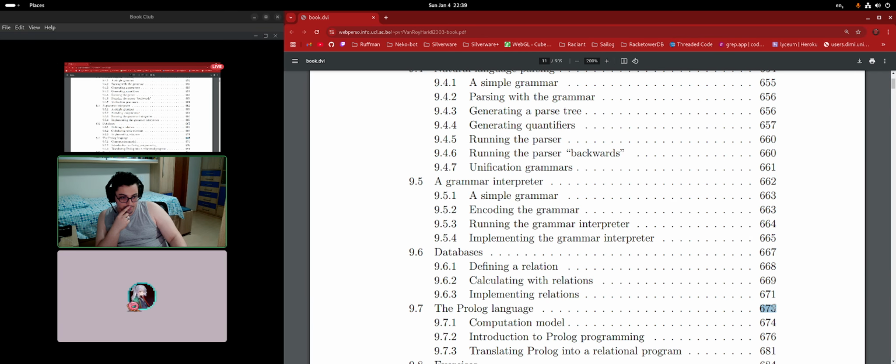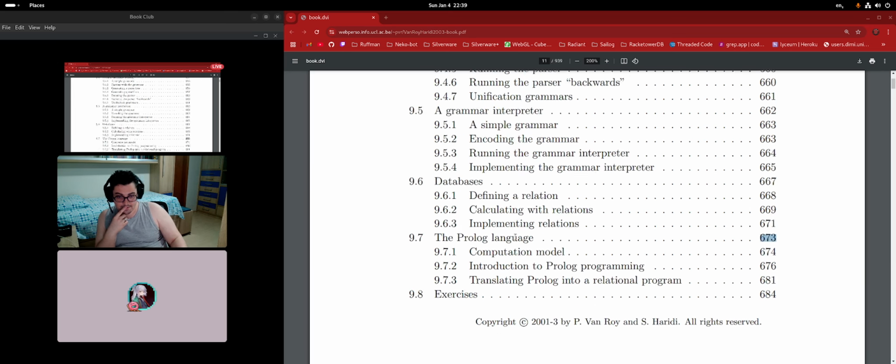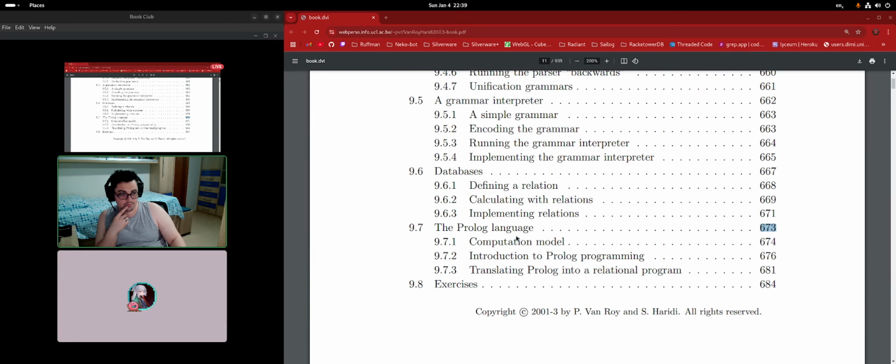And going directly to the Prolog language, it's 20 pages. Let's do 9.4, 5, and 6. 4, 5, and 6 sounds fair. Let me take note. 9.6. Oh wait, but then it's going to be 9.7 alone.